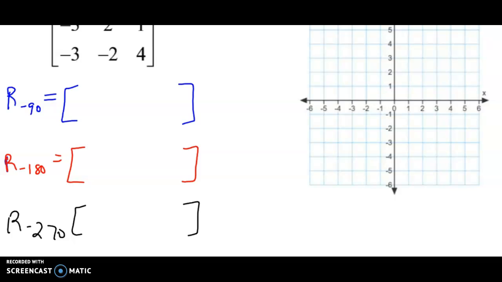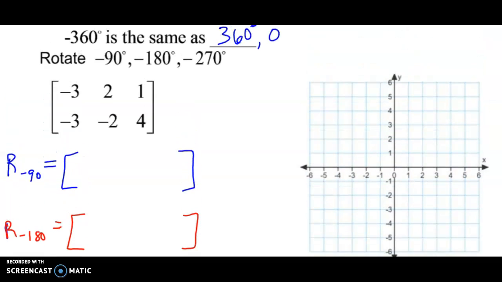So we said rotating negative 90 was the same thing as rotating 270. So what did we do for that 270 degree rotation? We flip the coordinates and then the original x changed signs. So we flip the coordinates, that will become positive 3.